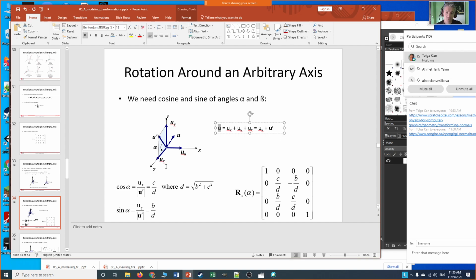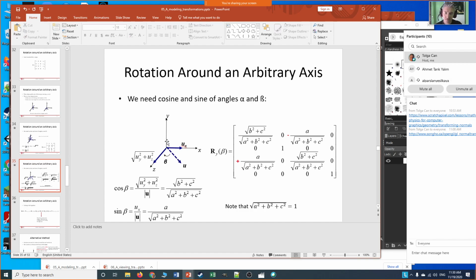If I rotate around the x-axis alpha degrees in the counterclockwise direction, I can perform this rotation using the cosine and sine of these values. I use the projection of u on the yz plane to get this angle alpha.